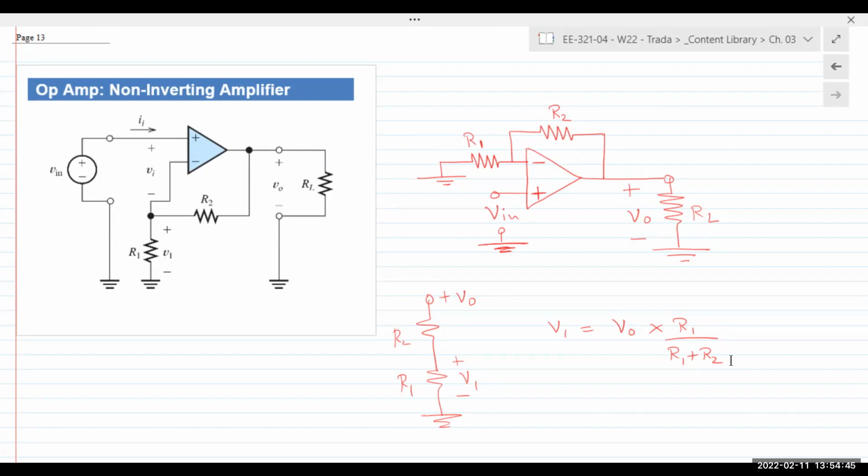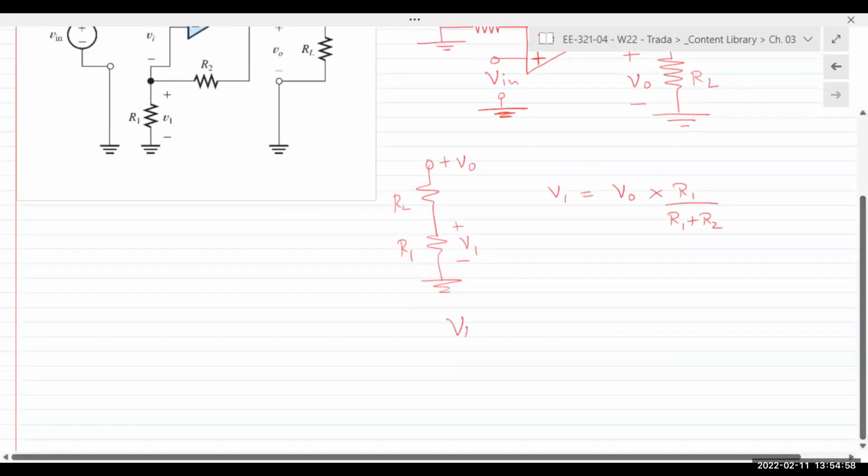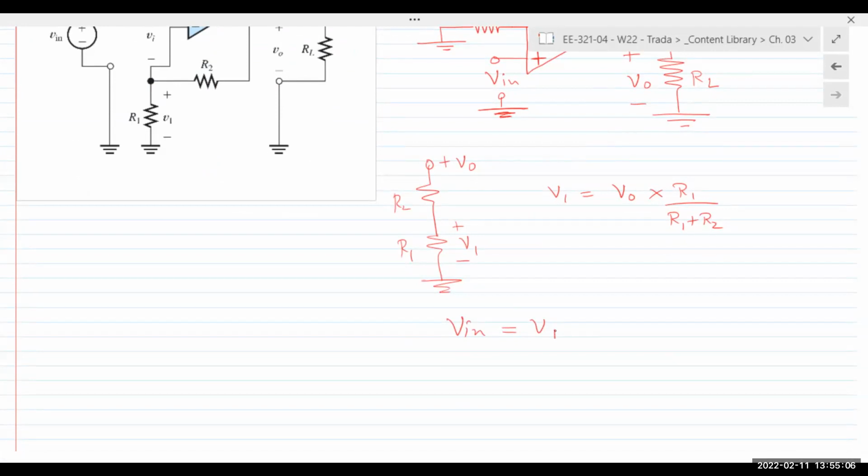So both input terminals, the voltages have to be equal or have to remain the same. So we can write that V in is equal to V1.